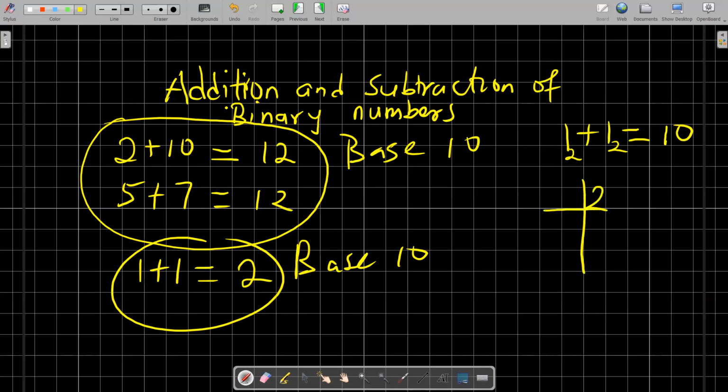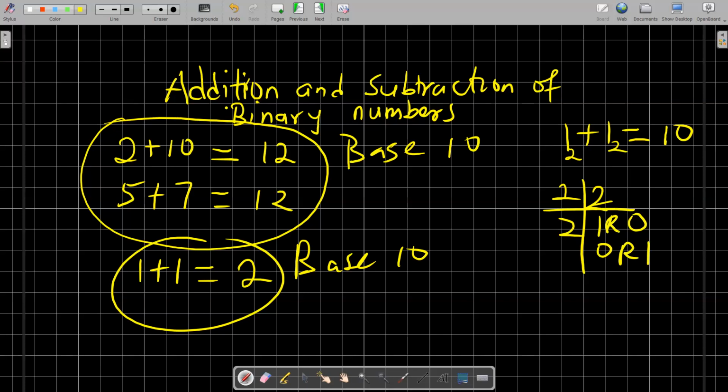If you try to convert this to a base 2 number, 2 into 1, what is the remainder? 0. 2 in 1, 0, what is the remainder? 1. As you can see, you can have a claim that 1 plus 1 is equal to 10.